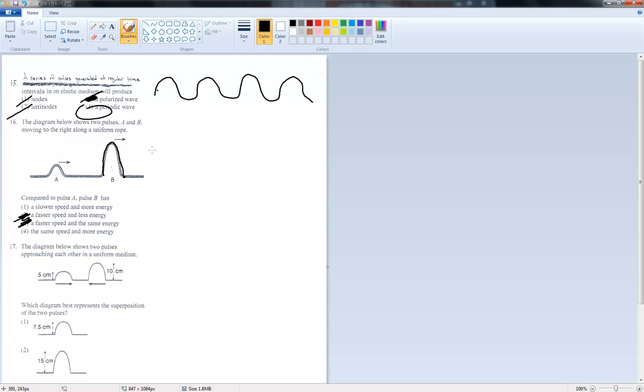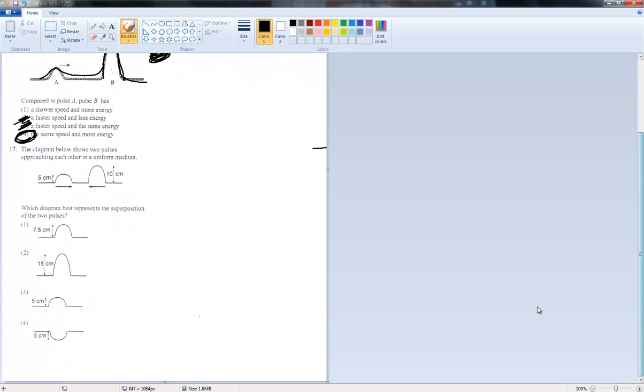Well, in the Slinky, we all saw that the speed of a wave is constant, regardless if it had a lot of energy or a little amount. Right? The speed in a medium is always the same. That's why the speed of sound in air is always the speed of sound in air. There's nothing you can do to make sound travel faster in air. Just because you talk louder doesn't mean it's going to travel faster.